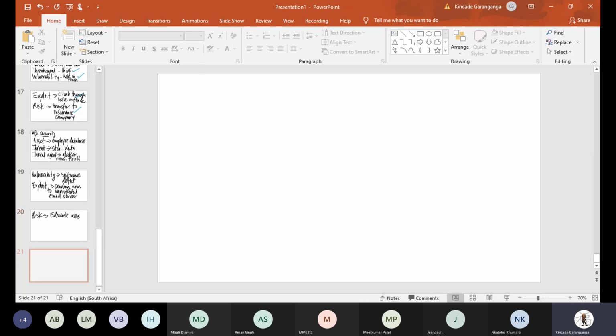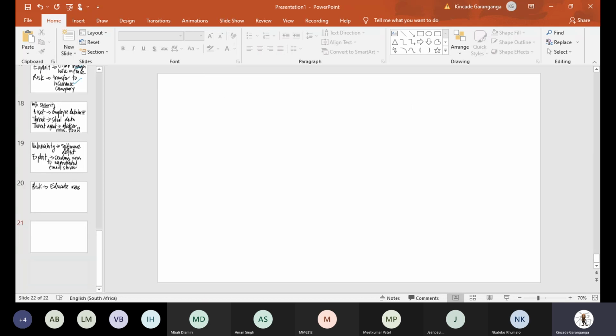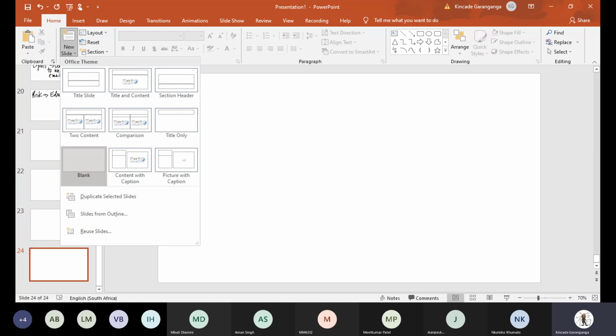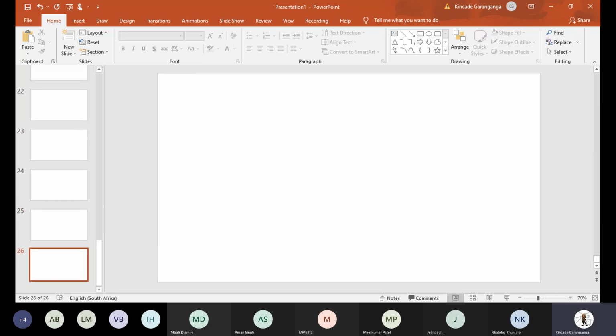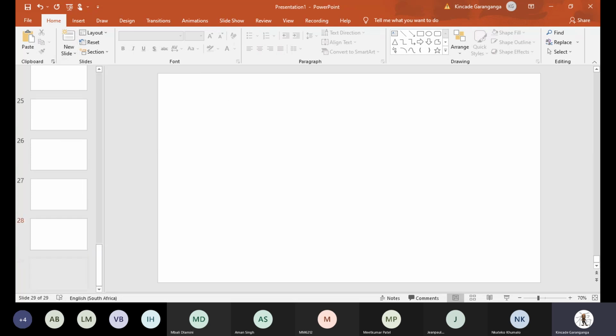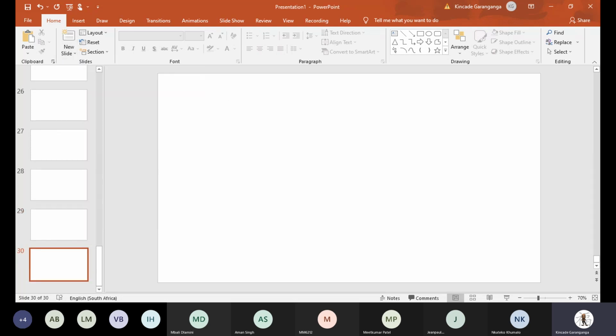Those are typical examples of terminologies that you need to familiarize yourself with, and how they work within your specific environment as far as your network configurations go.